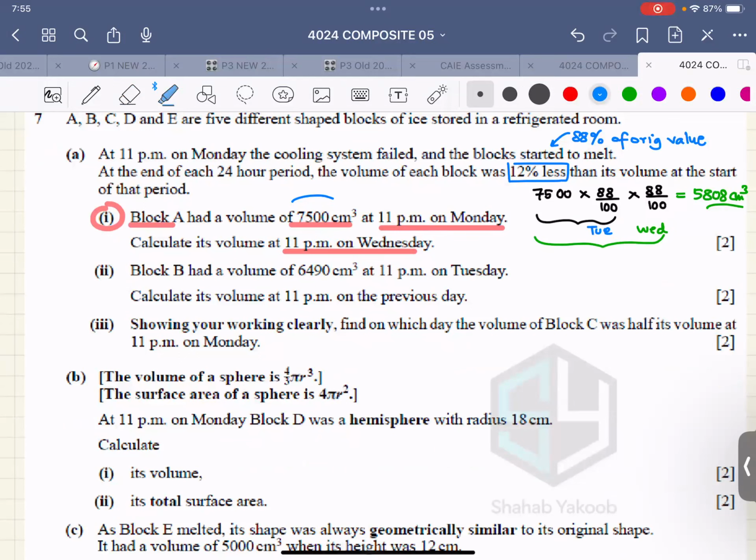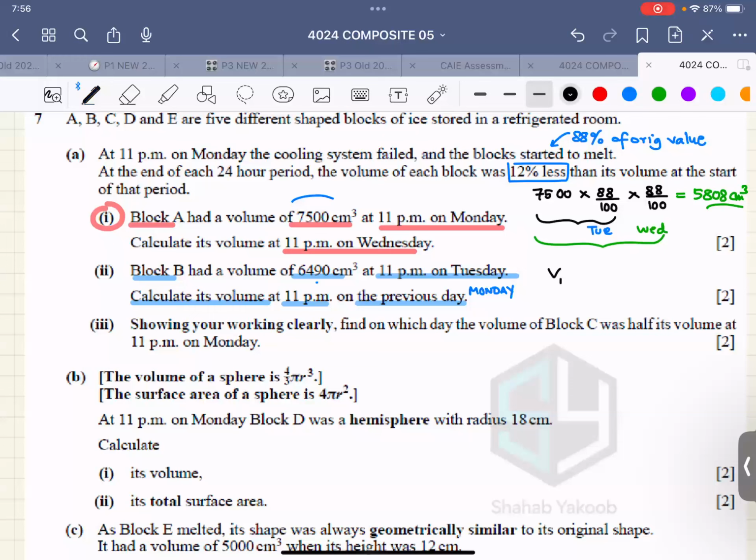Let's move to the next part. Block B had a volume of 6490 at 11 p.m. on Tuesday. Calculate its volume at 11 p.m. on the previous day, that means Monday. Now, this volume is after the 12% reduction, so it's kind of working in reverse.